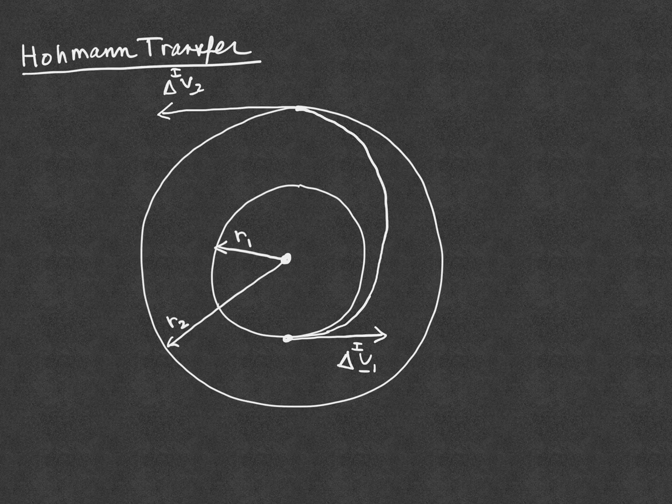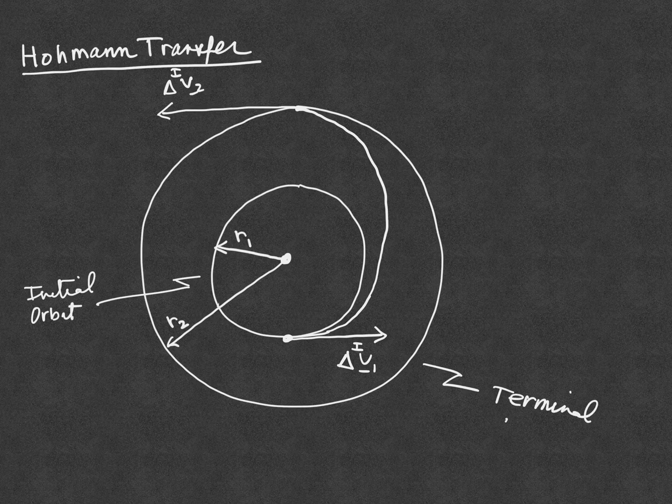So once again, we have the initial orbit here. We have the terminal orbit. And then this is the transfer orbit.